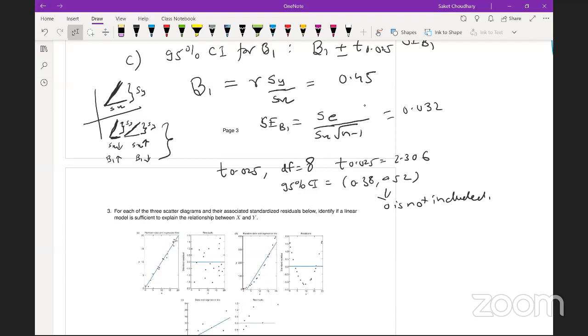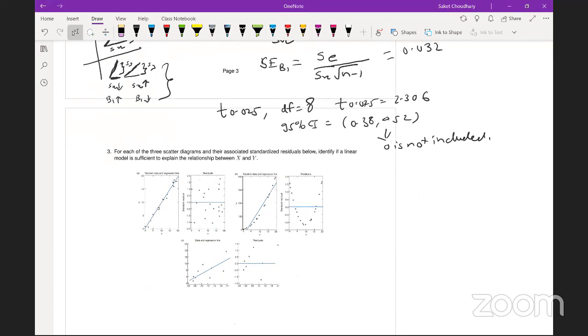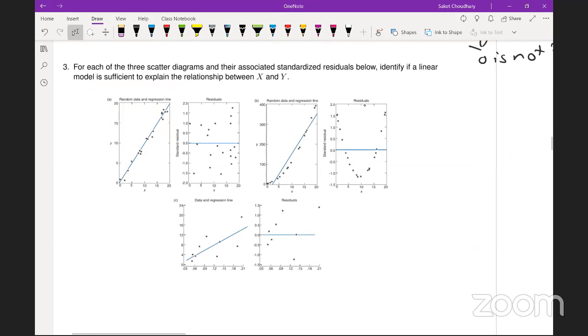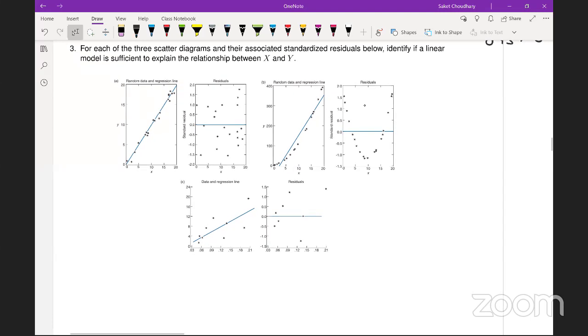All right, final problem. This is the kind of problem that you'll also see in your projects. You're given residual plots and you're asked, is the linear model sufficient to explain the relationship between x and y?